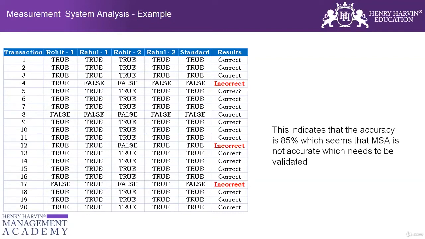But in the case of a manual report, wherein the report is being fetched manually and we are dependent on people, where there is a person who is part of the MIS team or part of the reporting team, he is calculating it using some formula. And therefore we don't rely on his calculation, and that's why we're doing MSA.